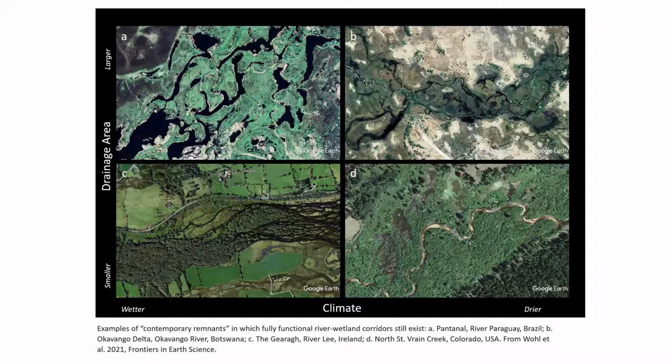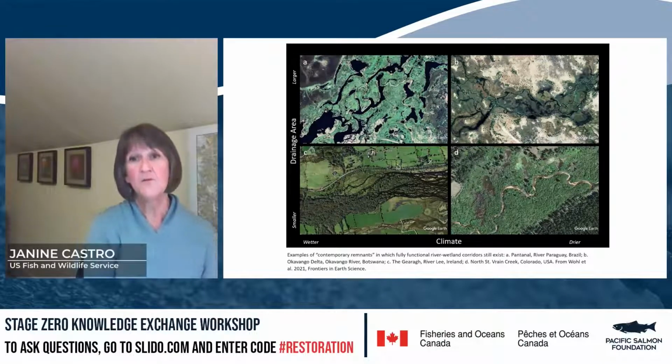And there aren't a lot left because with a lot of our land drainage programs, we got rid of these because we wanted to use the agricultural land. We wanted to build our homes there. But they are out there. If you look around, you start seeing them, as Brian and Colin did when they were flying around the West. So I think seeing those examples is really helpful.